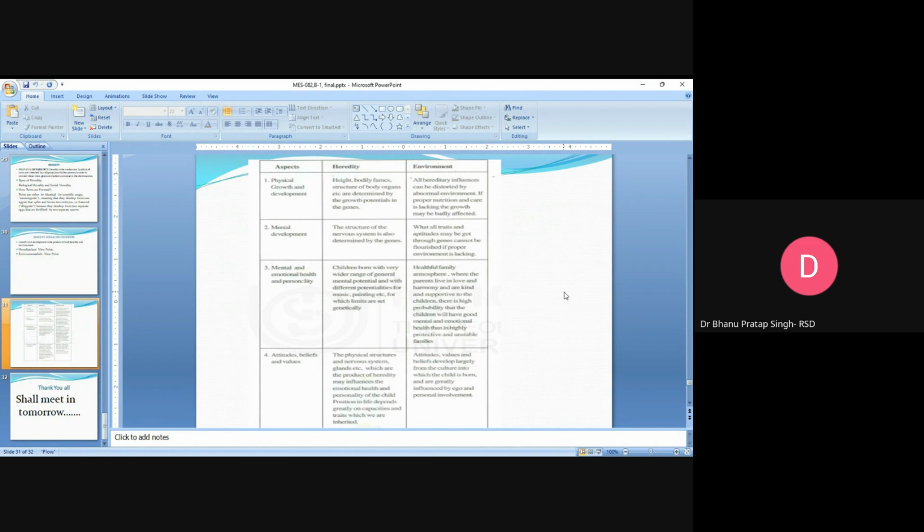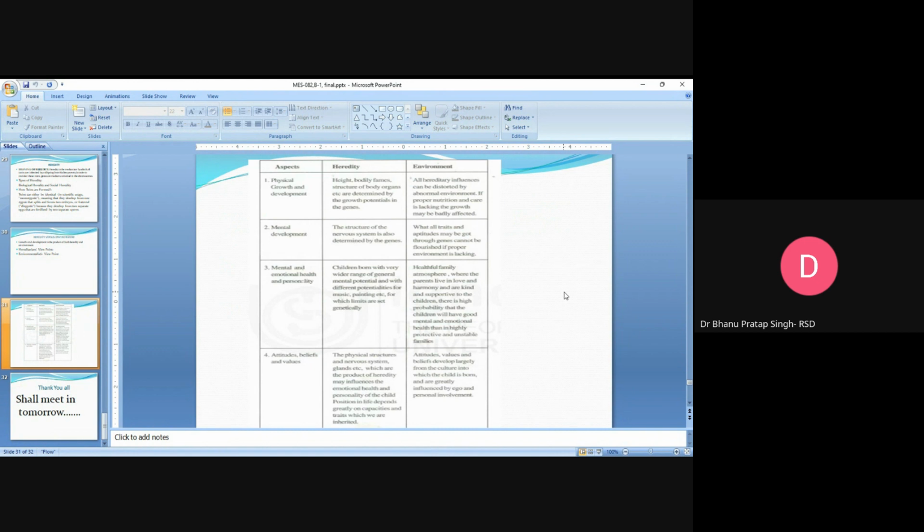Regarding mental and emotional health and personality, heredity says that children are born with a very wide range of general mental potentialities, and with different potentialities for music, painting, etc., for which limits are set genetically.